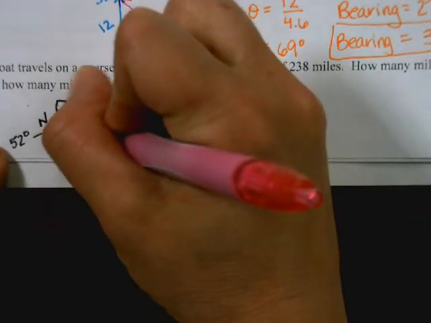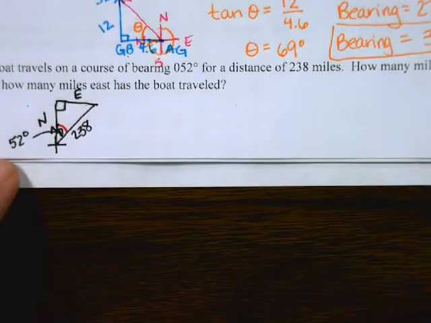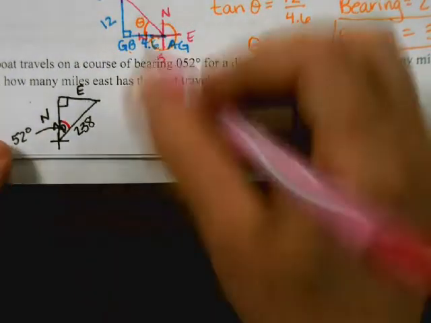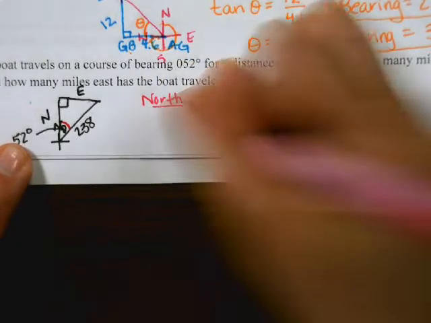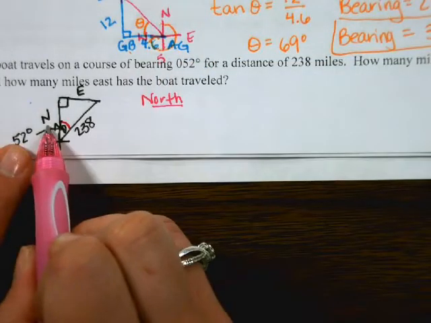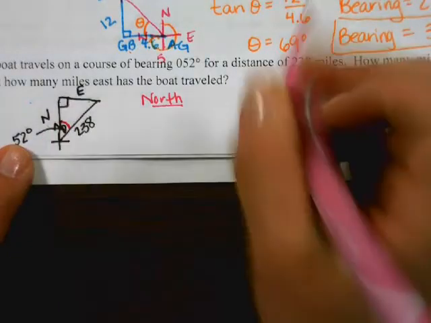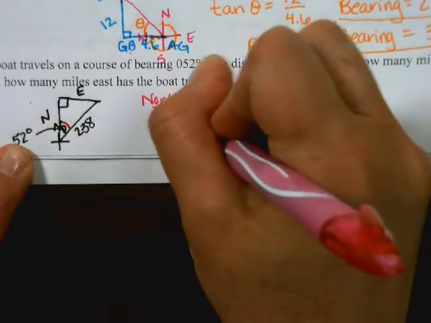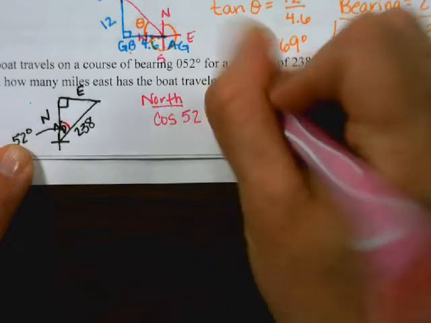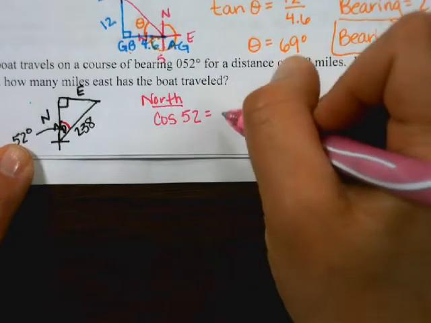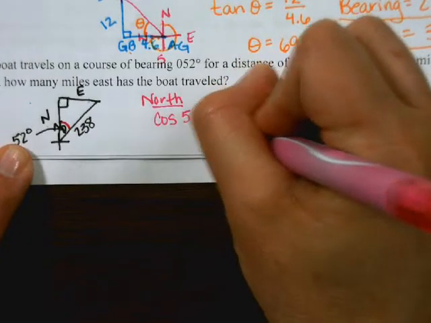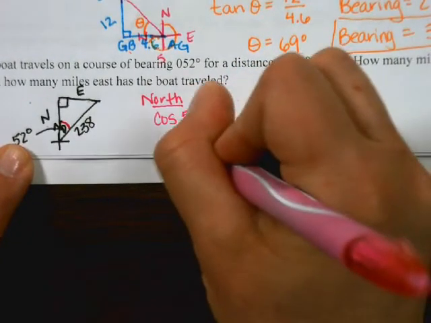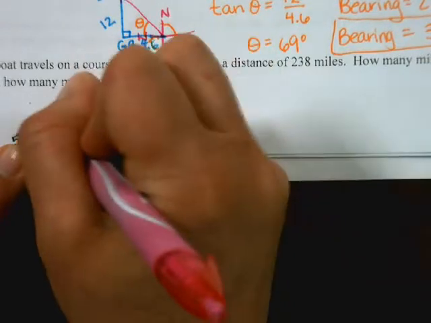Okay, so here I go. There's my angle. I have to do two things. Let's figure out the north one first. Cosine of 52 equals adjacent, x over 238.